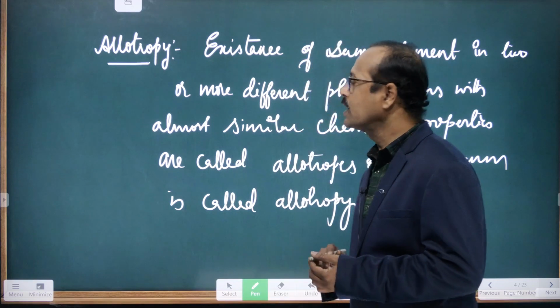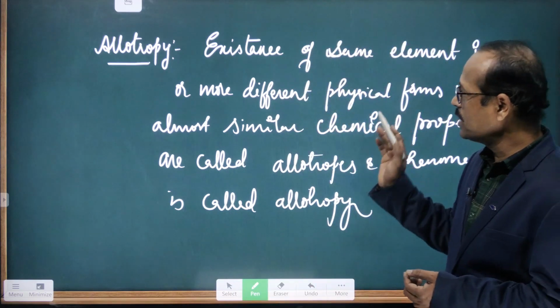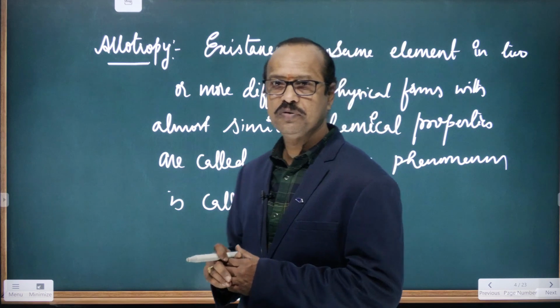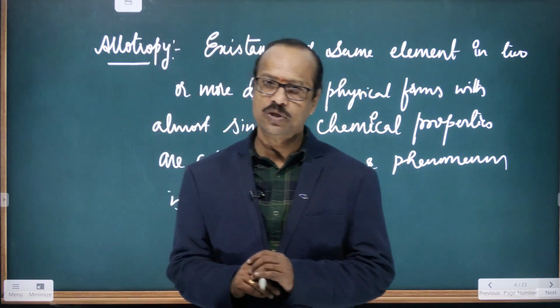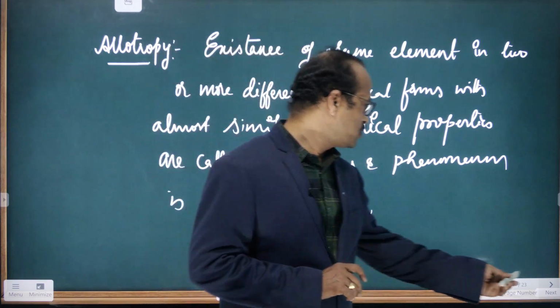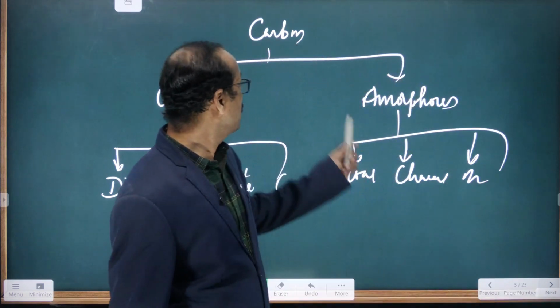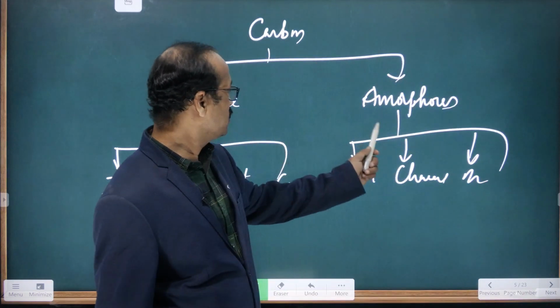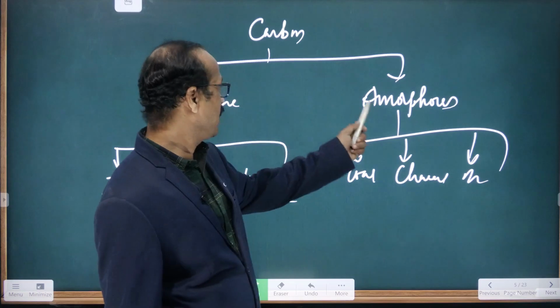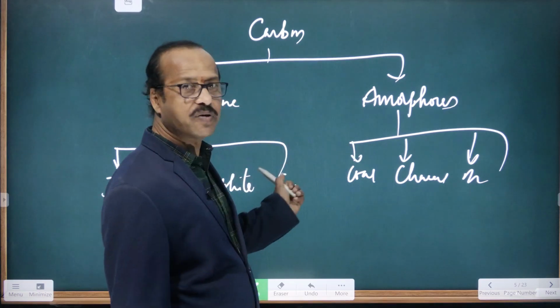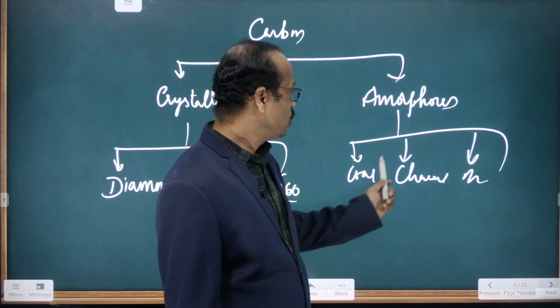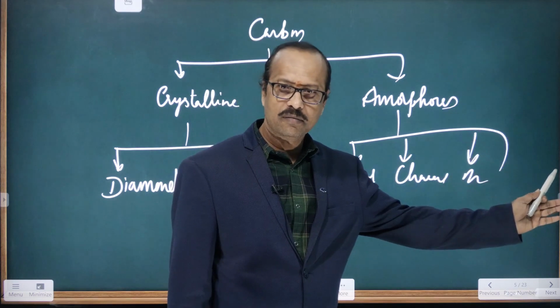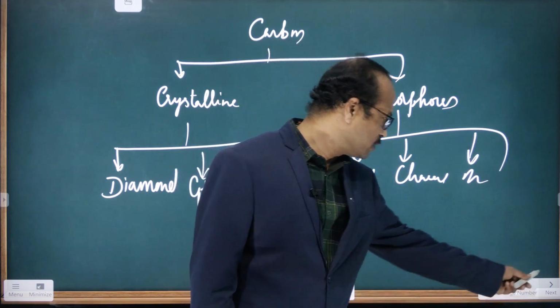Allotropy means the existence of the same element in two or more different forms with similar chemical properties, and those forms are called allotropes. Carbon has many allotropic forms, mainly crystalline and amorphous. Crystalline forms are diamond, graphite, and C60. Amorphous forms are coal, charcoal, animal charcoal, sugar charcoal, and so on.